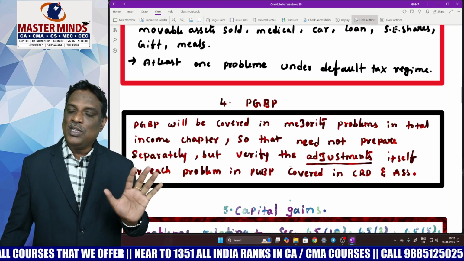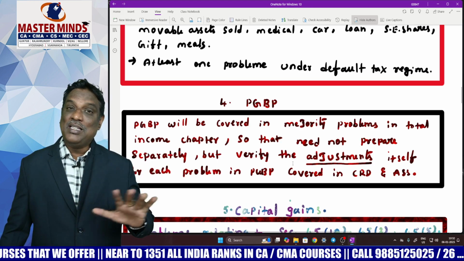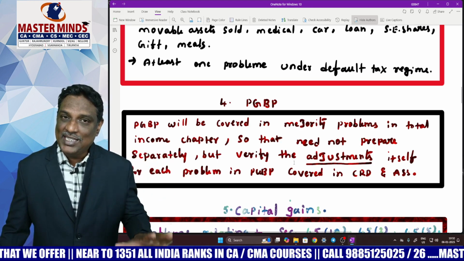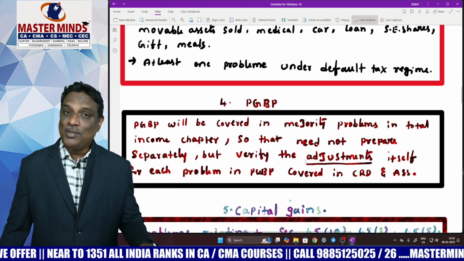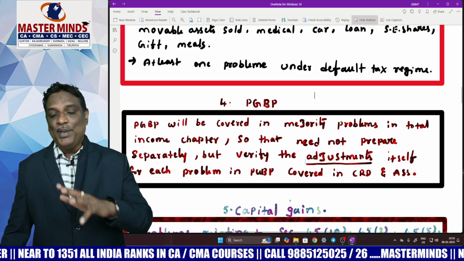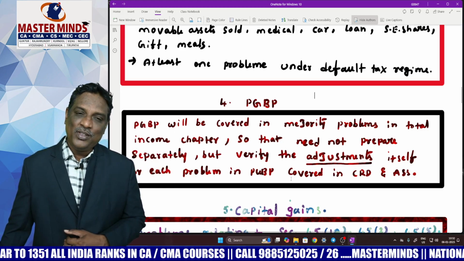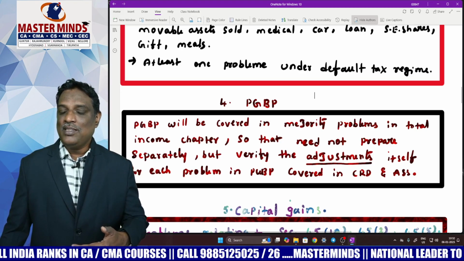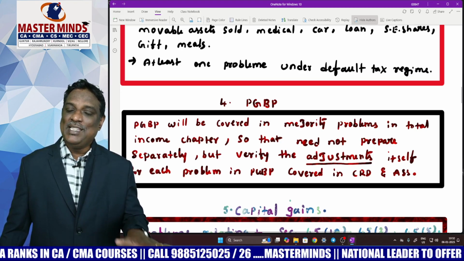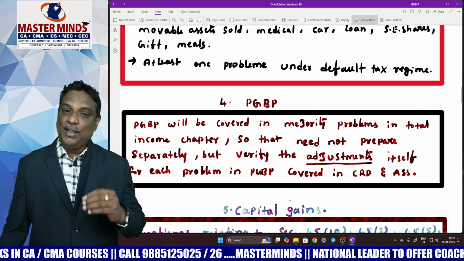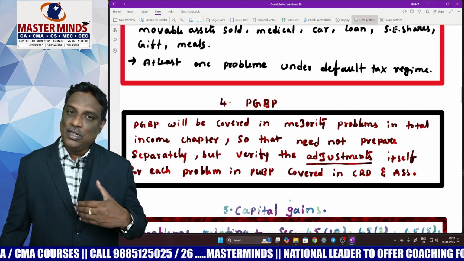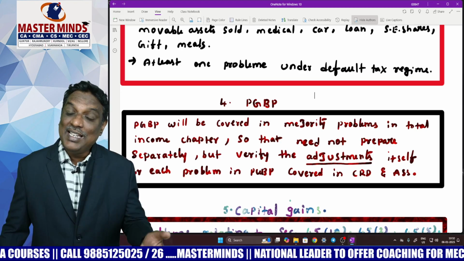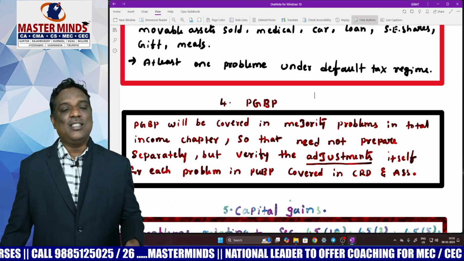So you need not spend much time preparing the PGBP head separately, because all those problems and adjustments are repeated in the total income chapter. Please concentrate again on total income problems, so that you can skip the PGBP problems. If you want to prepare, go to PGBP and prepare at least the adjustments, how to deal with the adjustments of each problem.